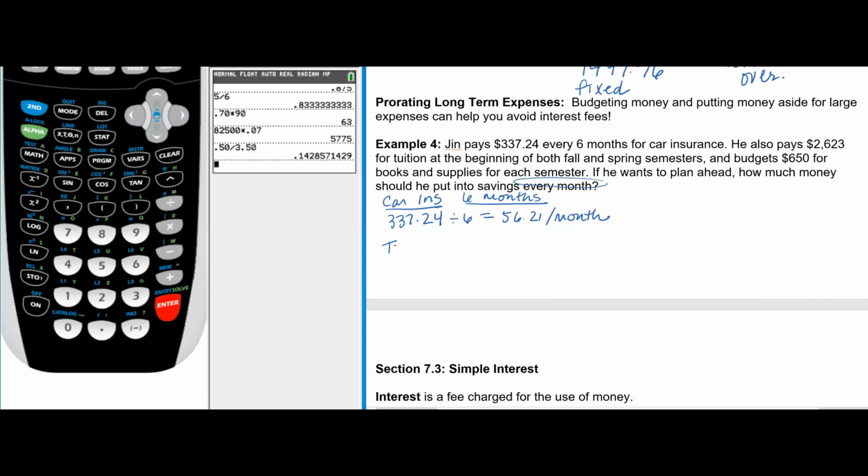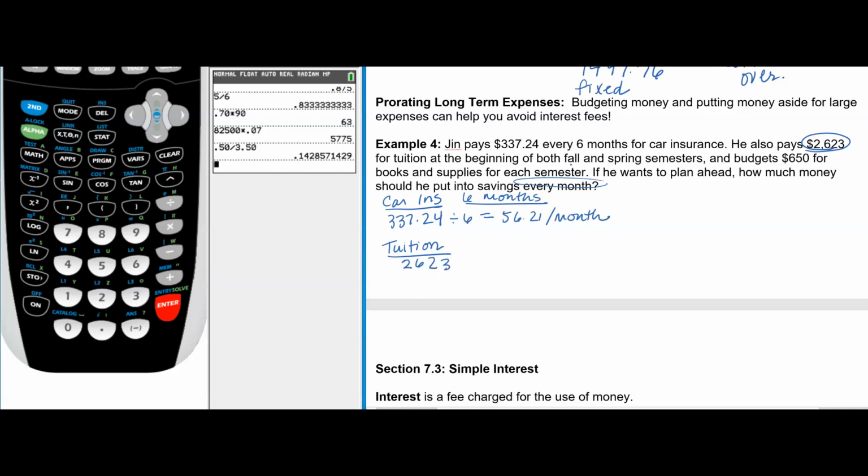Okay, so next I'm going to write down tuition. So for tuition, at the beginning of both fall and spring semesters, he budgets $650 for books and supplies each semester. So I'm going to write $650. Oops, you know what? That's not tuition, that's books. Sorry about that. Getting ahead of myself. So $2,623.